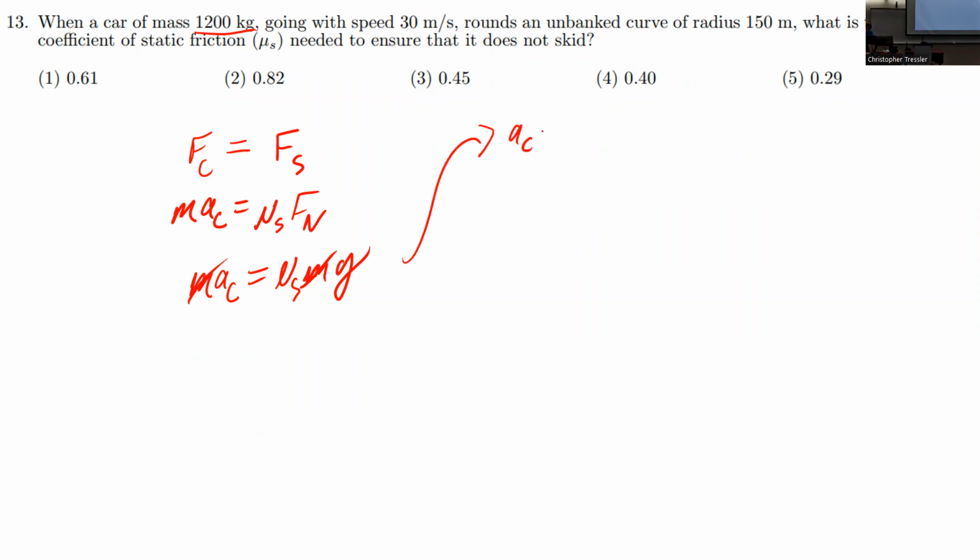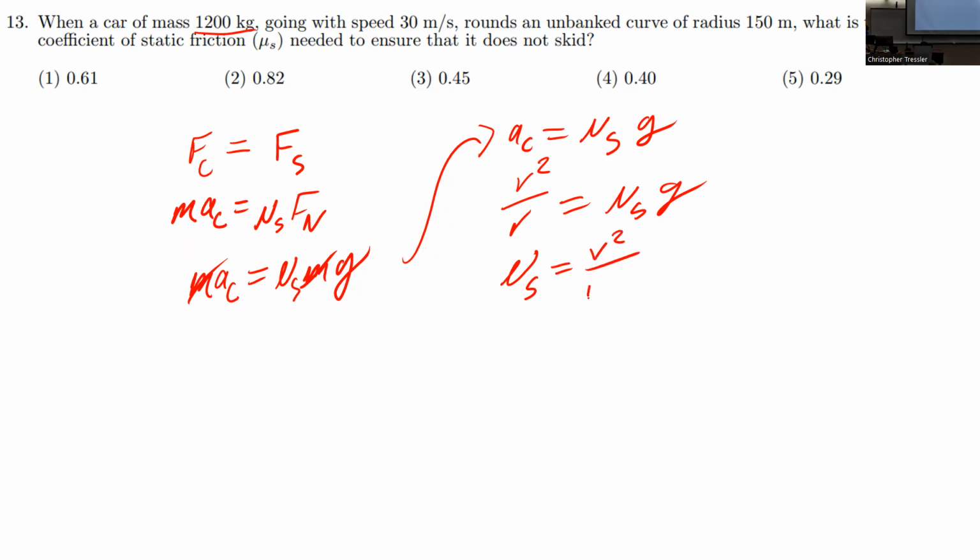So we're going to say AC equals mu s times g. Now what's AC equal to? v squared over r equals mu s g. Now that means mu s, and I say u, but it's actually a mu, like a Greek symbol.